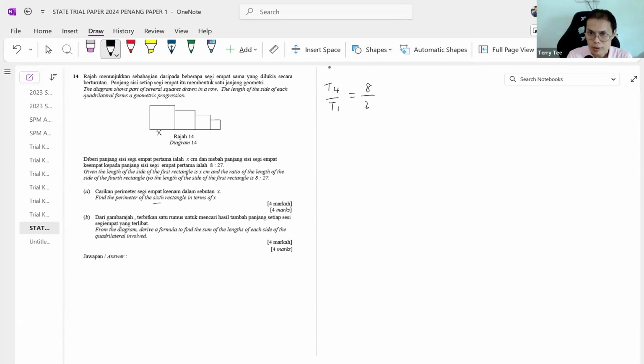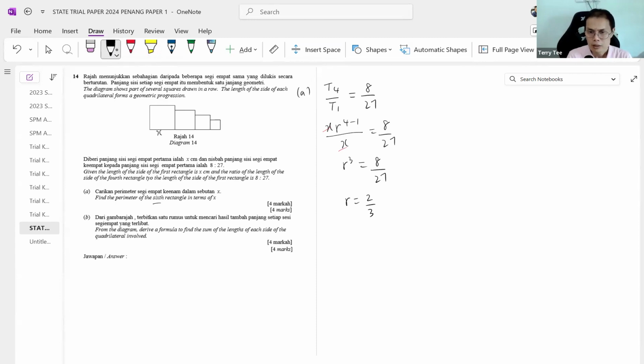A is x, R is the common ratio, and n minus 1 is 4 minus 1. We can cross out the x, leaving R power 3. If R power 3 is 8 over 27, the cube root of 8 over 27 is 2 over 3.